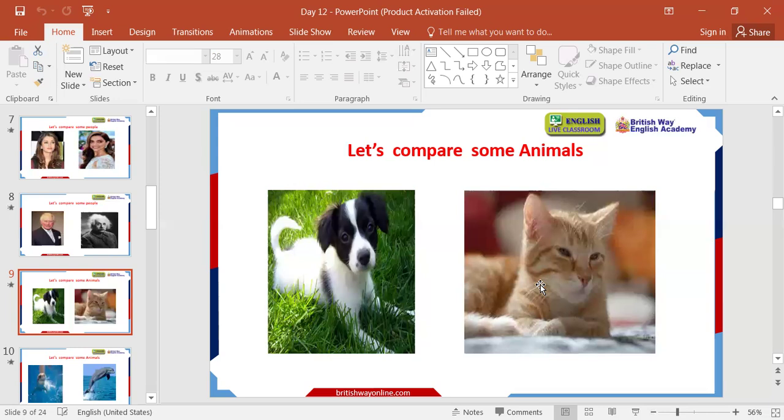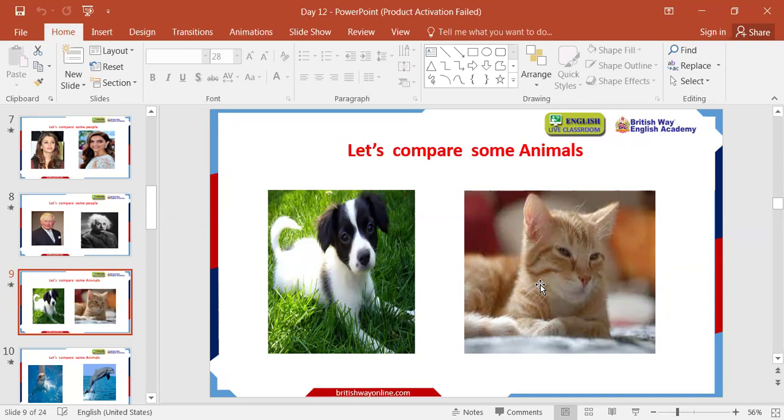The dogs are bigger than. The dog is more intelligent than cat. The dog is greedier than cat.